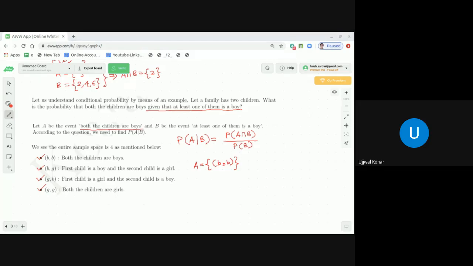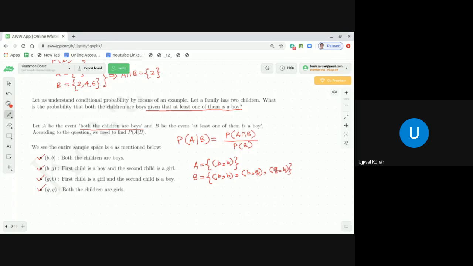Event B is that at least one of them is a boy. So what is the set theoretic notation of the event B? It should be BB, BG or GB. Correct, dear students? That actually represents at least one of them is a boy.